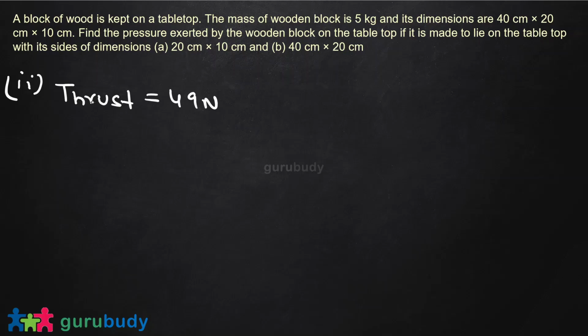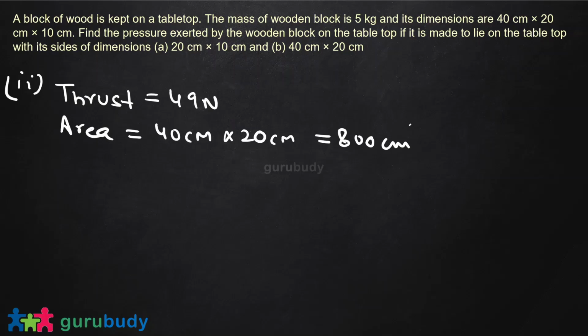Now the thing which is changing is the area. The area which is touching the tabletop would be 40 centimeter into 20 centimeter. So this is going to be around 800 centimeter square, that would be 0.08 meter square. The reason I'm converting it to meters is because of SI units. I want everything to be consistent.